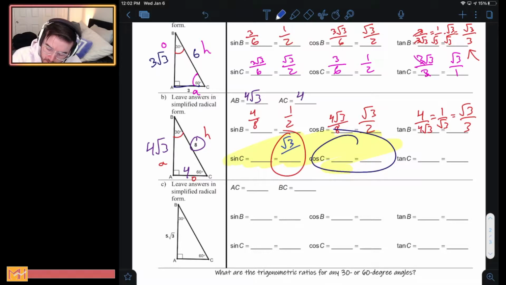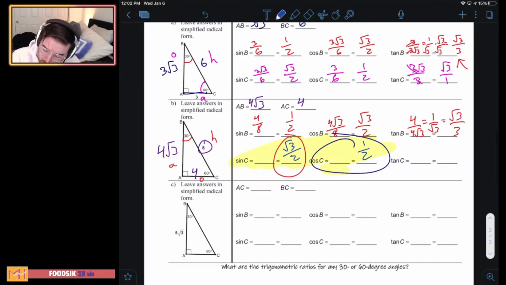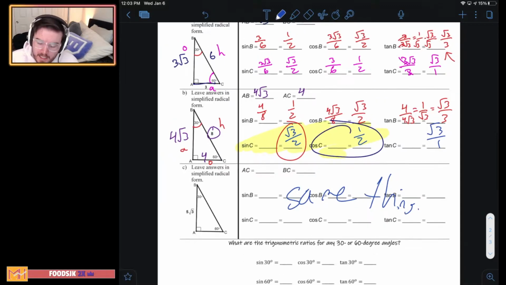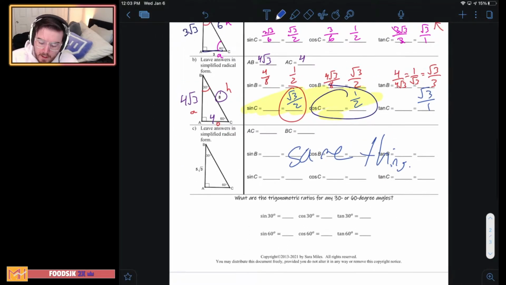This is root 3 over 2, and this is a half. And then I take the reciprocal over here, right? Or you could just look up here and realize, oh, it's the same thing on repeat, right? Yes, it is. So I'd imagine you got that right. Do we need to do it again? No, let's not be that boring. Same thing, same thing, same thing.